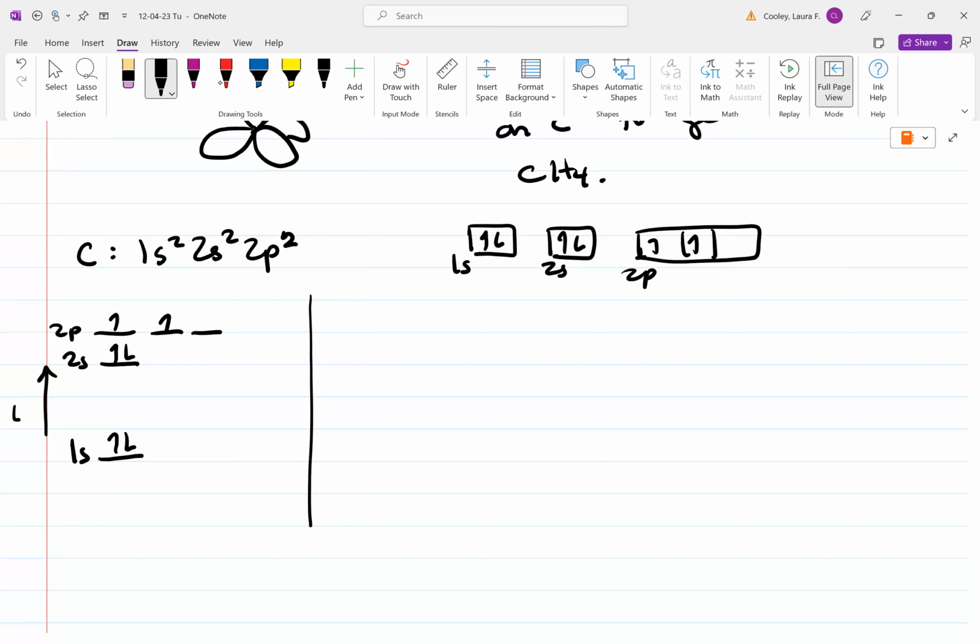Okay, so here's the energy. So what we do is we use a teeny bit of energy and we promote one of these electrons up there. We're going to promote one 2s electron to the 2p. So what we're going to end up with is this.